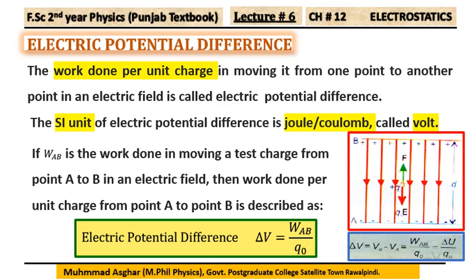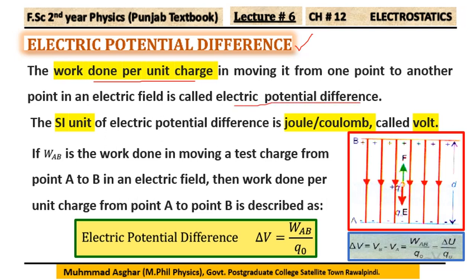हम इलेक्ट्रिक पोटेंशियल डिफरेंस की डेफिनेशन से आगाज़ करते हैं। जैसा कि हम जानते हैं कि इलेक्ट्रिक पोटेंशियल डिफरेंस इज़ द वर्क डन पर यूनिट चार्ज when charge is moving from one point to the other in an electric field. This is called electric potential difference.